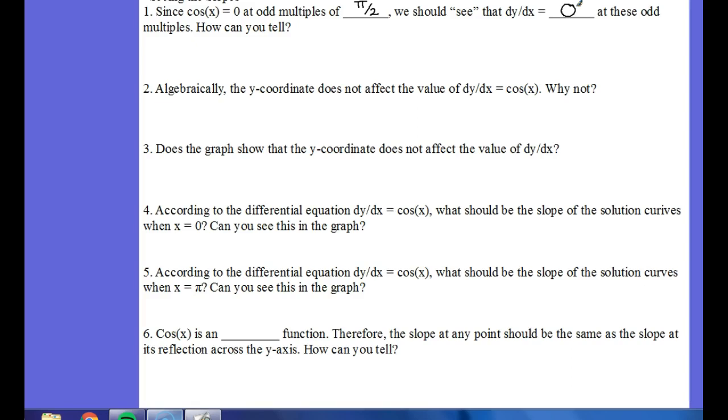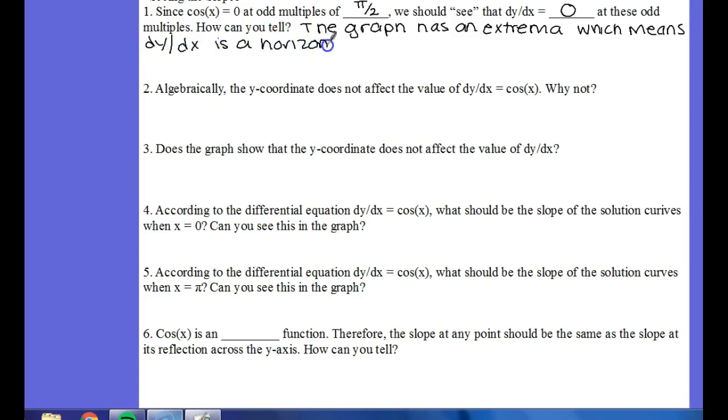The graph has an extrema at those points, which means there would be a horizontal tangent, and we know that the slope of a horizontal tangent is 0, because the derivative is the slope.